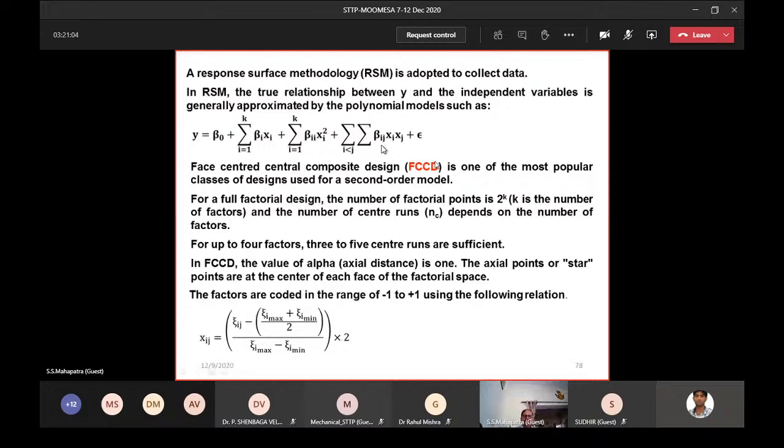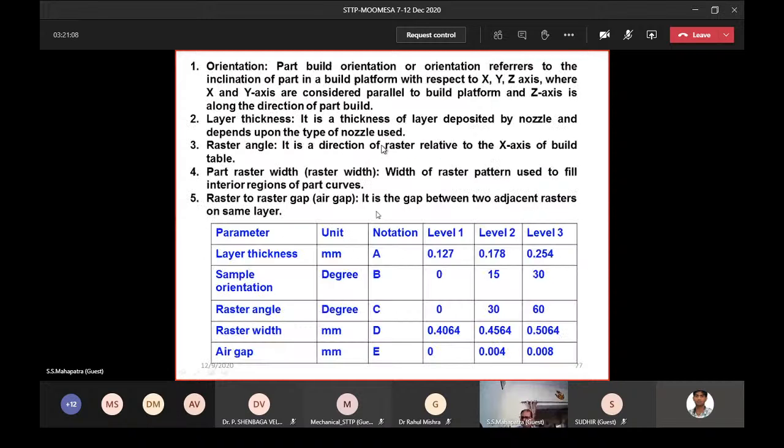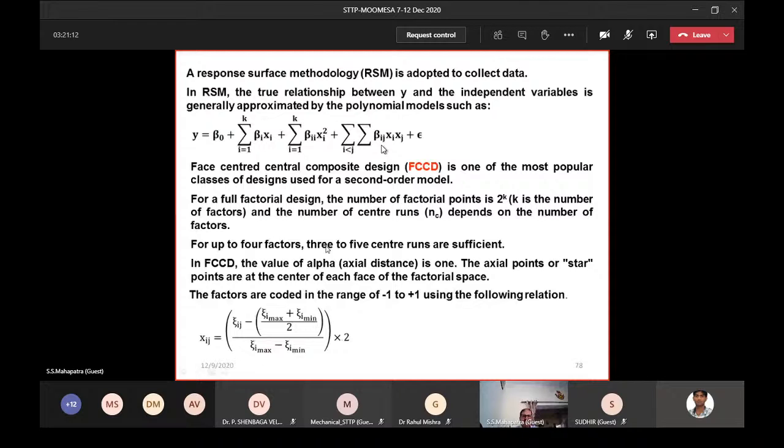Then the natural variables are converted into coded variables using this relation. This is for the codification of the variables, so that all the variables will be between -1, 0 and 1. -1 means low level, 0 means medium level, and 1 means high level.